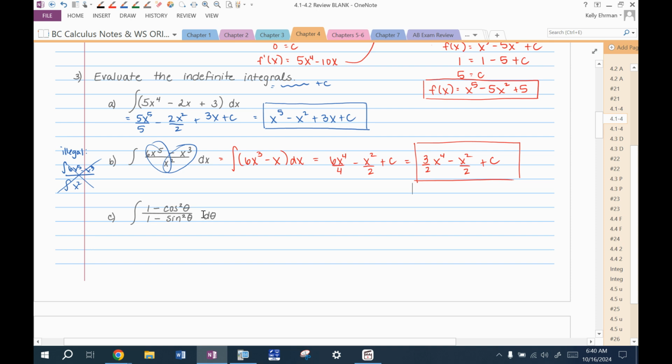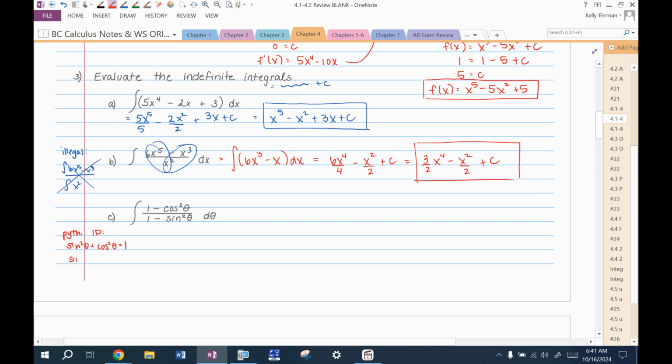All right, what about these? Again, it's illegal to say integral of the top over integral of the bottom. These should be jumping out to you as Pythagorean identities, but if they're not, here is the Pythagorean identity that you still have to know: sine squared theta plus cosine squared theta is equal to 1. And remember, we had rearranged versions of this.